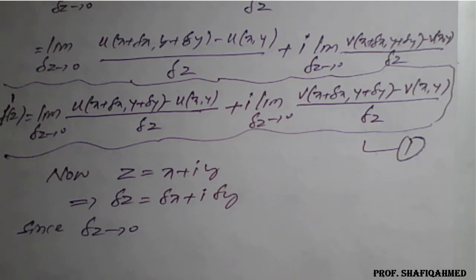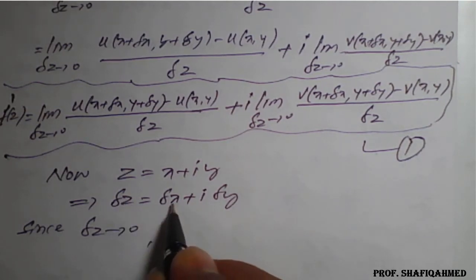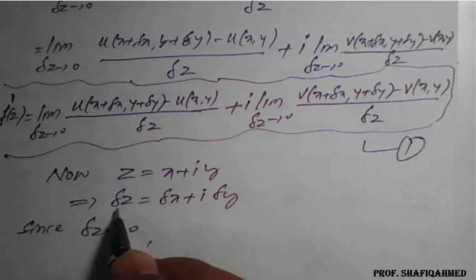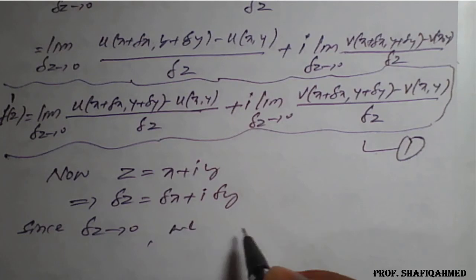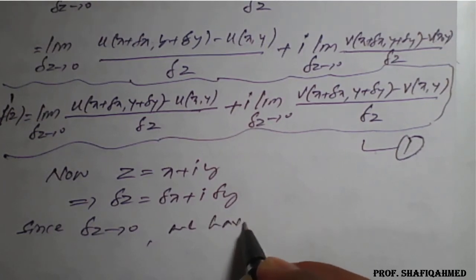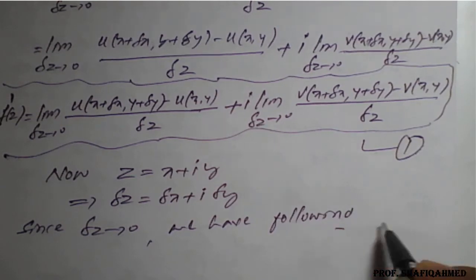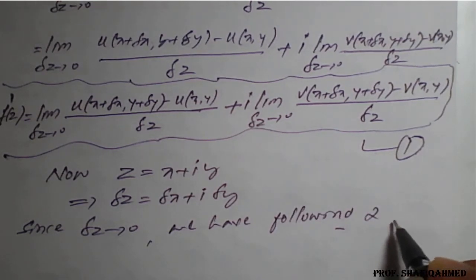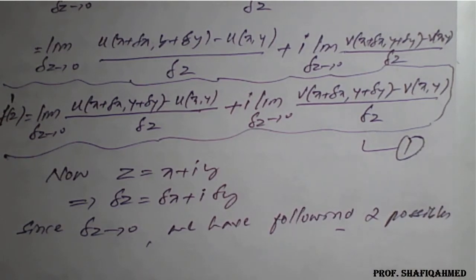Means we will get two following possibles. Since delta z tends to 0, either delta x will become 0 or delta y will become 0. So therefore we can have following two possibles. So we will see the two possibles in the form of cases.